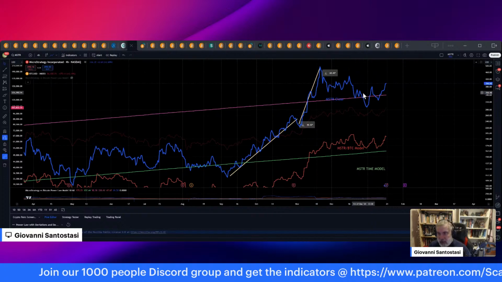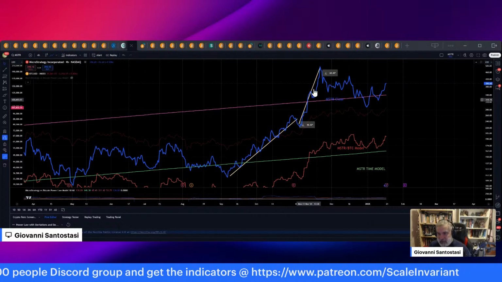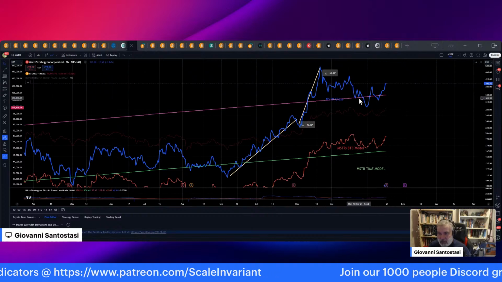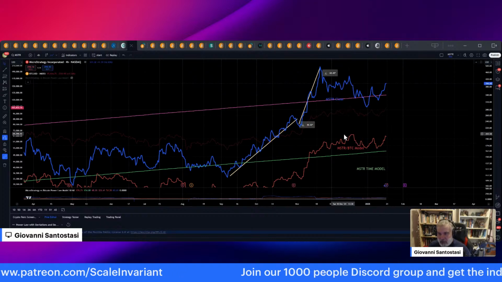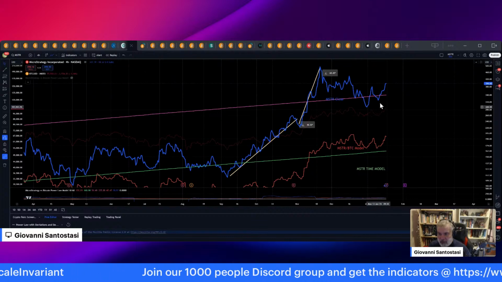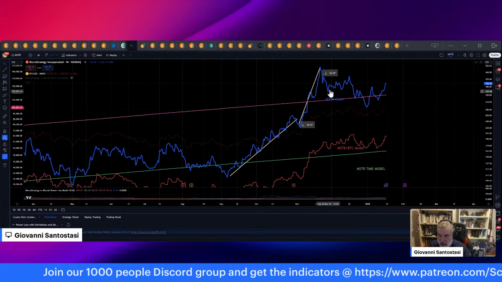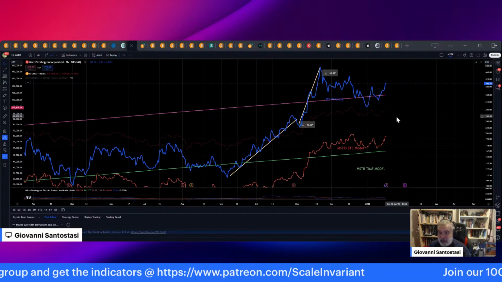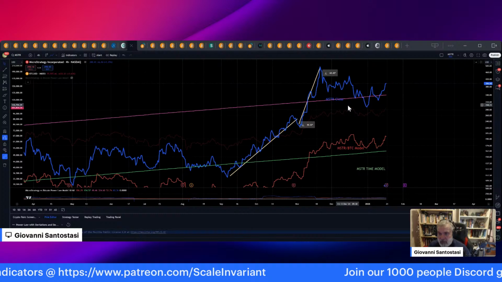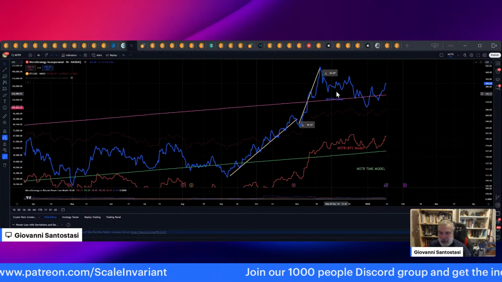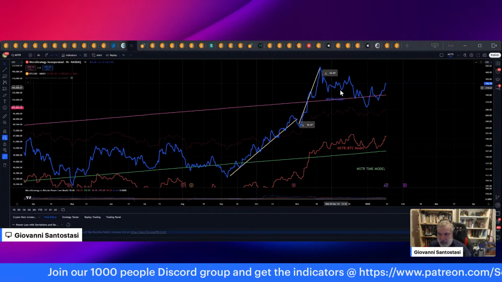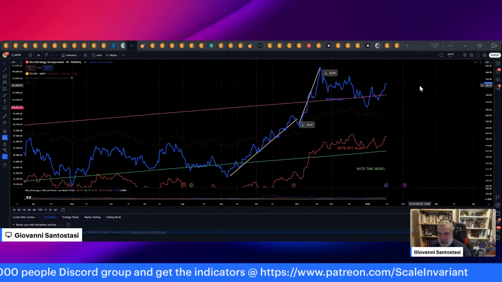And now, beside this deviation, just by inspection, you can even see the distance, right? If the distance between the model and the price is similar, then it kind of follows the model. I can maybe add these two components to the model and see if it continues to behave in that way.